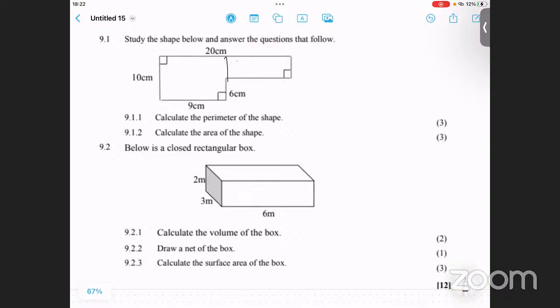Okay, Busisi, are you done? What did you do?